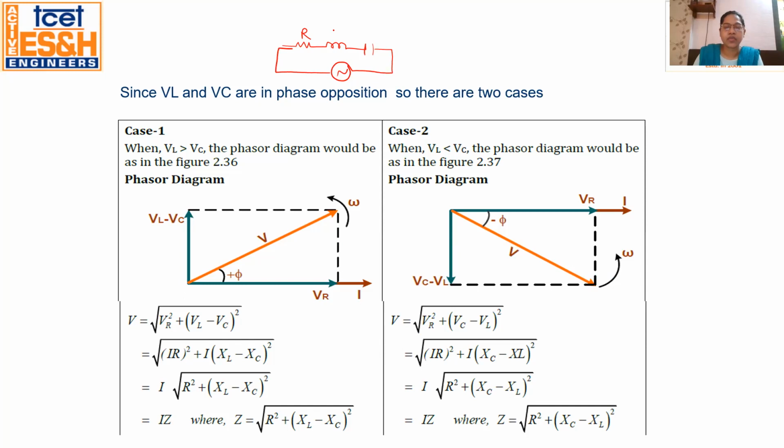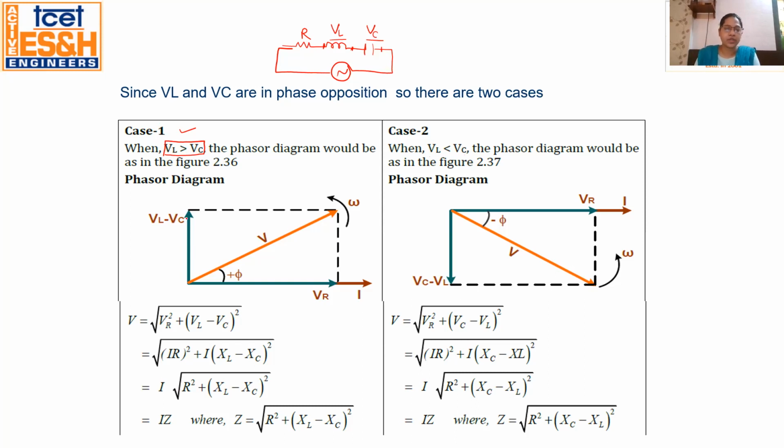The first case is when the voltage across inductor VL is greater than the voltage across capacitor VC. And the second case is when the voltage across inductance is less than the voltage across capacitance, so VL is less than VC. First, we will discuss VL greater than VC.